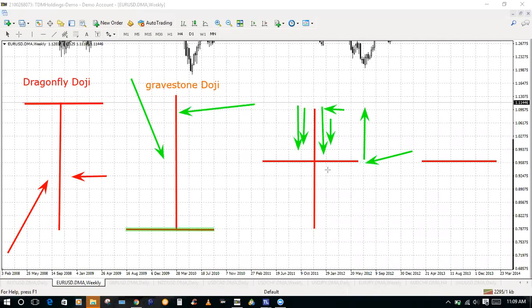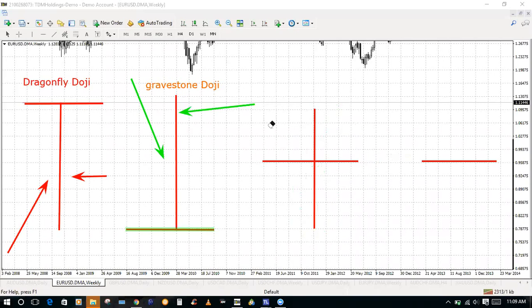Prices dropped up to this level, at which point lots of buying started taking place, which led to the prices going up, which is why we have a wick here. So although the prices ended up closing at the same price where they opened, during the life of this candle prices fluctuated from here to here.